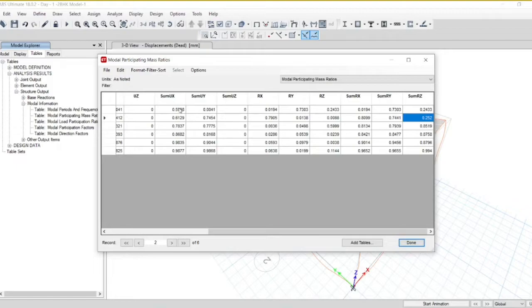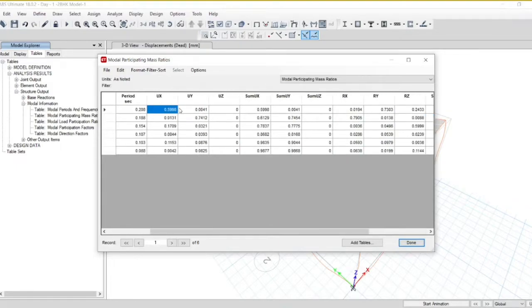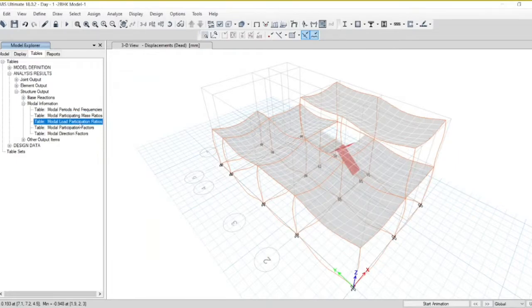We can look into the summation of all the displacement in x and y direction, how much it is displacing in x and y direction due to the force. Now let us look into the mass participation ratio.